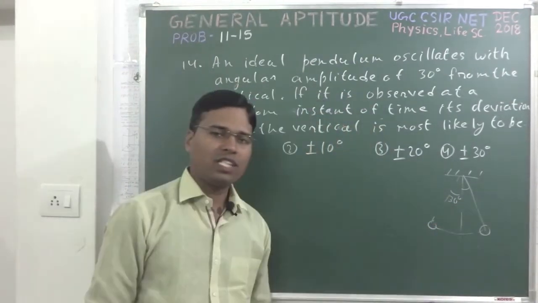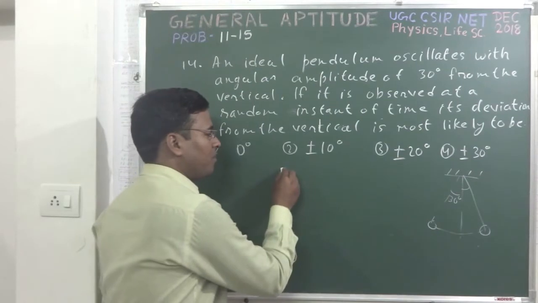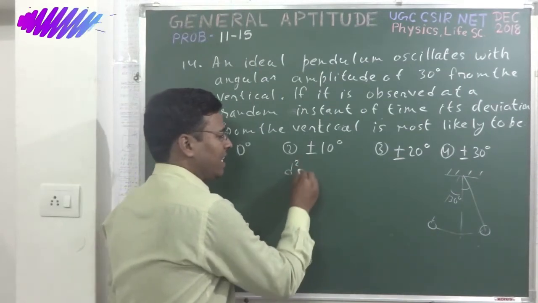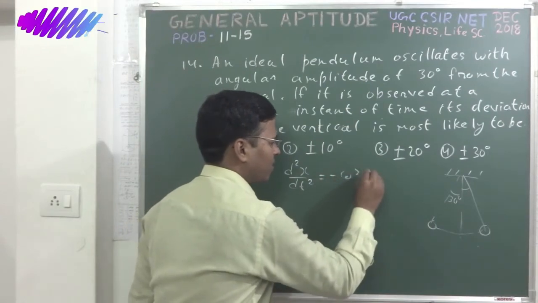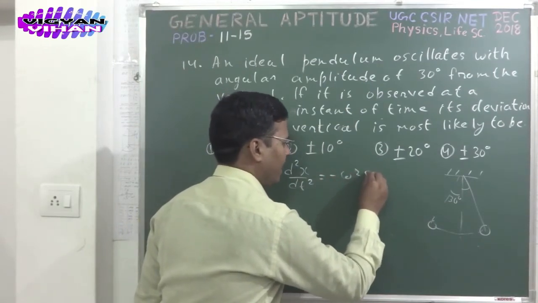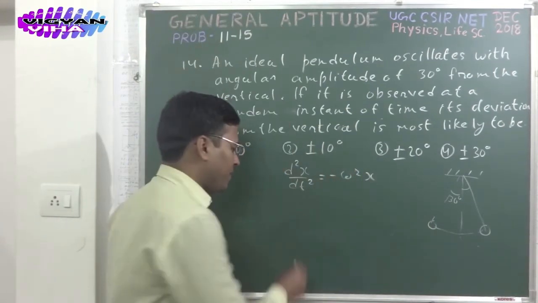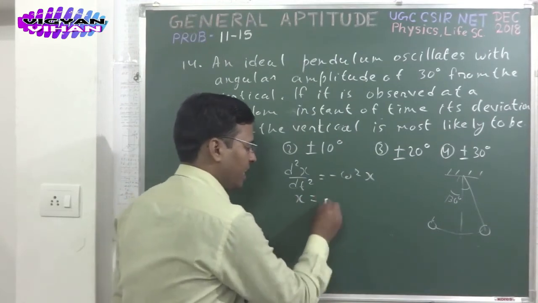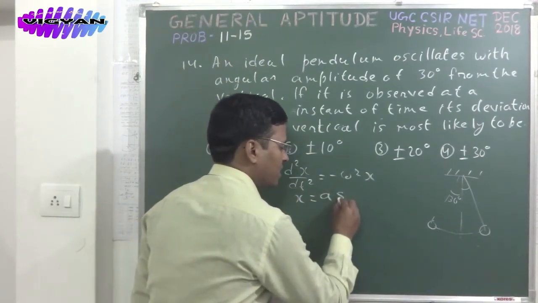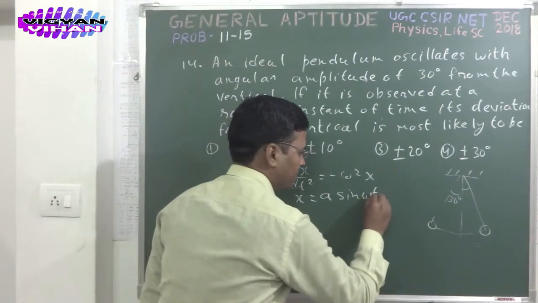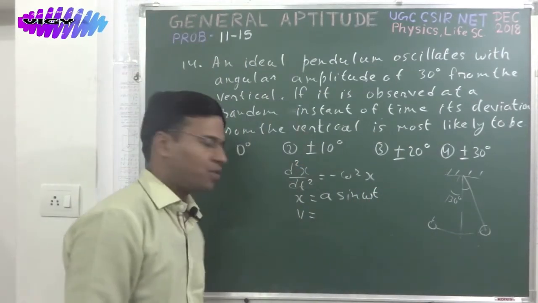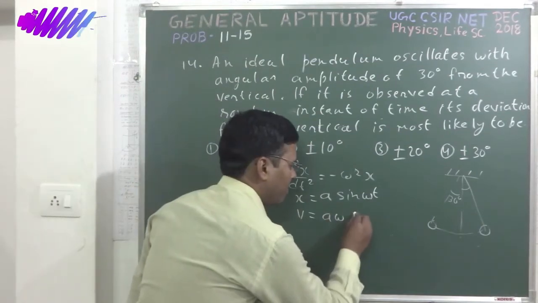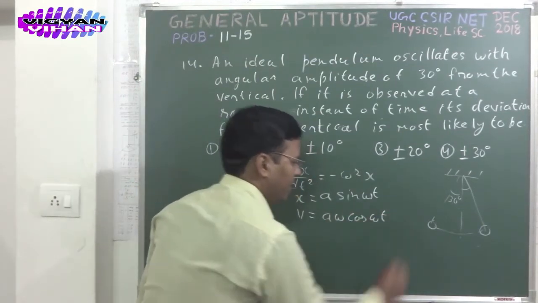When a pendulum oscillates, its equation of motion is d2x by dt square equals minus omega square x. Its displacement is x equals a sin omega t. For its velocity, v equals a omega cos omega t.